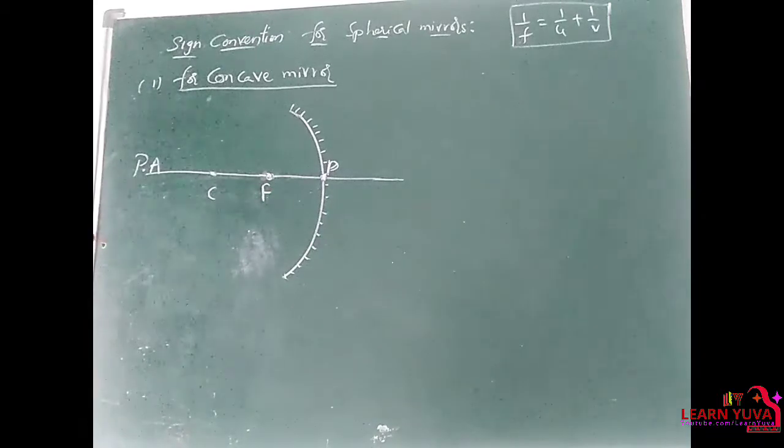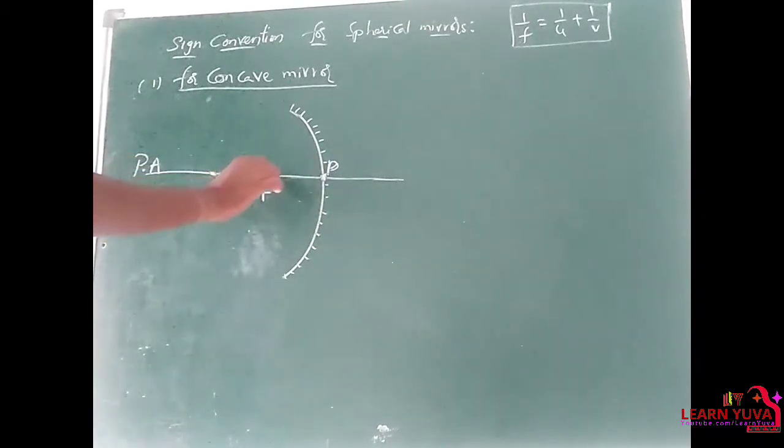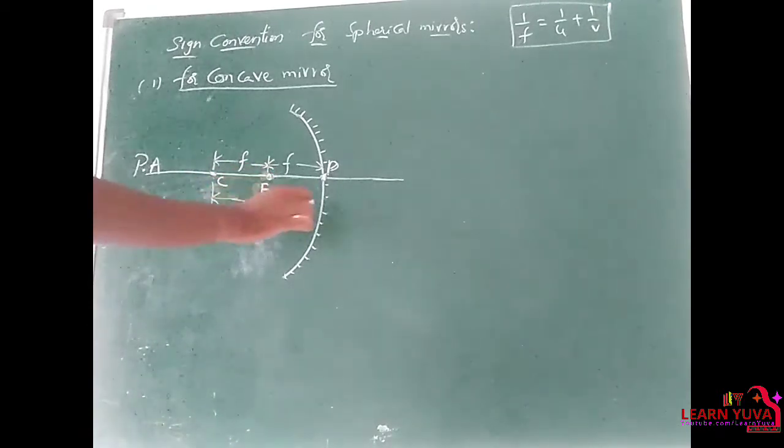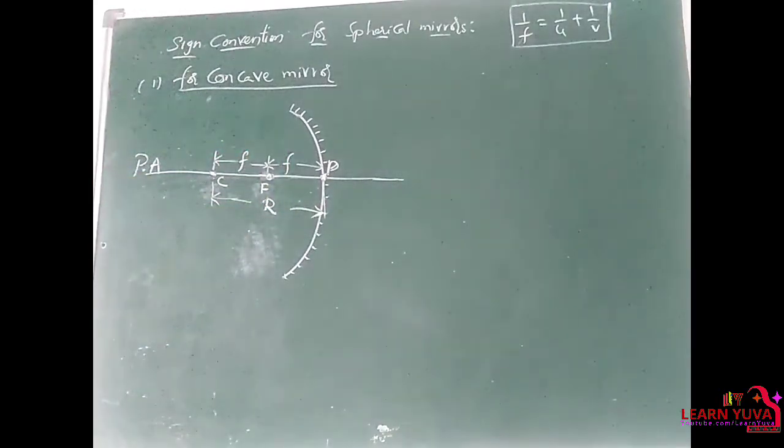The distance from pole to focus is nothing but focal length, as well as the center of curvature to focus is also nothing but focal length. The distance from center of curvature to pole is nothing but radius of curvature.